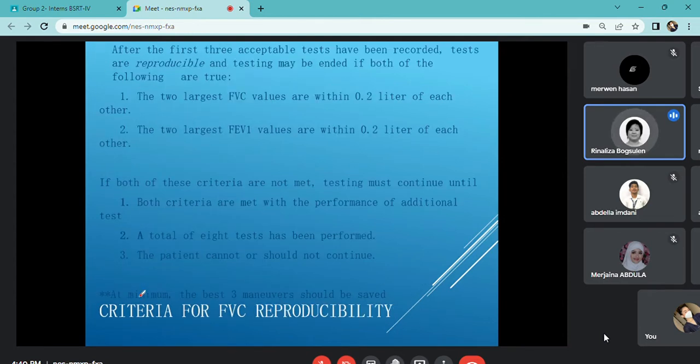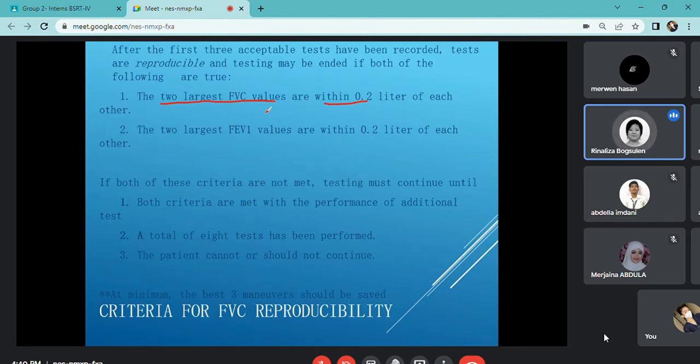Criteria for reproducibility naman. Sabi natin, reproducible or repeatable. So, reproducibility criteria: the two largest FVC values are within 200 ml. So again, you get the largest FVC, second largest FVC, you get the difference.